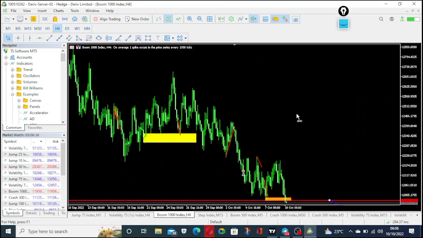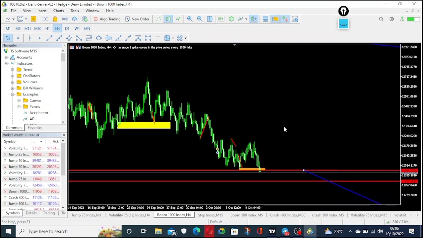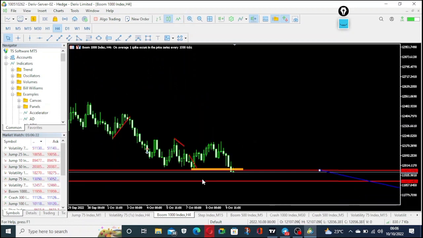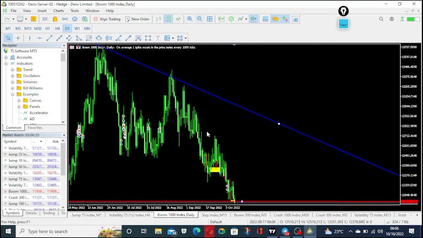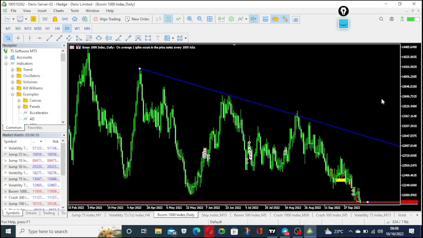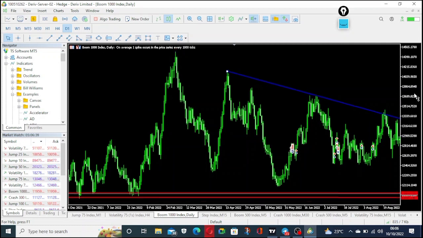This is the H4, and as you can see, this is the line I drew earlier. Price has broken it. Meanwhile, let me show you something on the daily time frame.